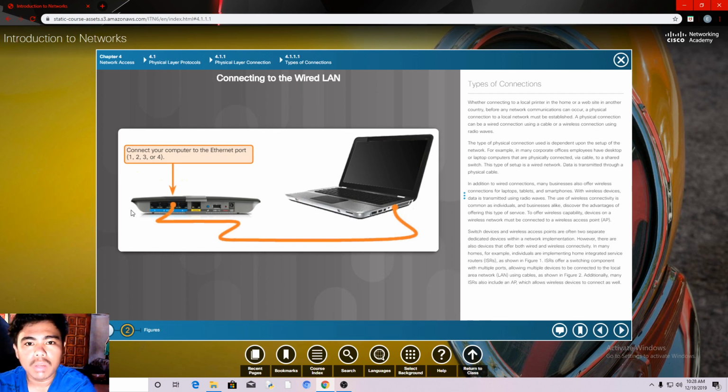Now, connecting to the wired LAN: for example, with a LAN cable, the connection from this router is transferred to a laptop using a cable.